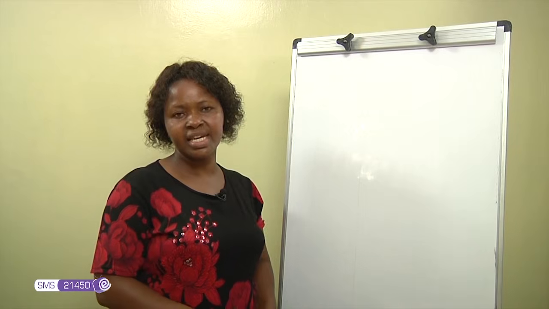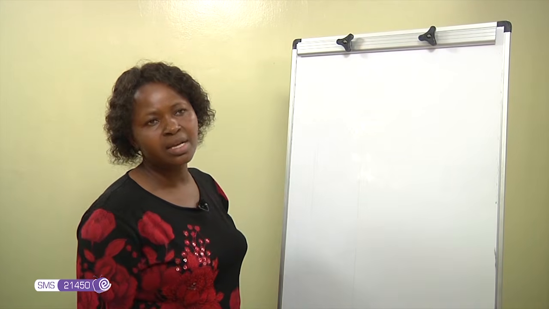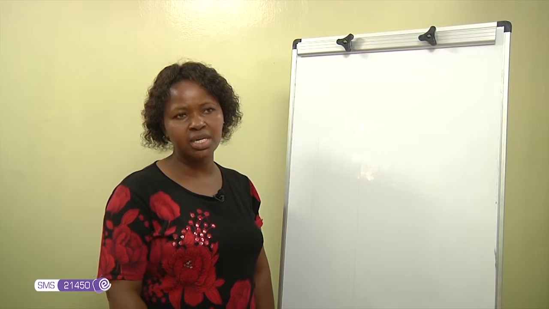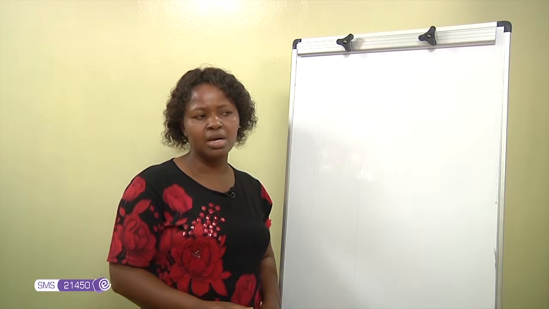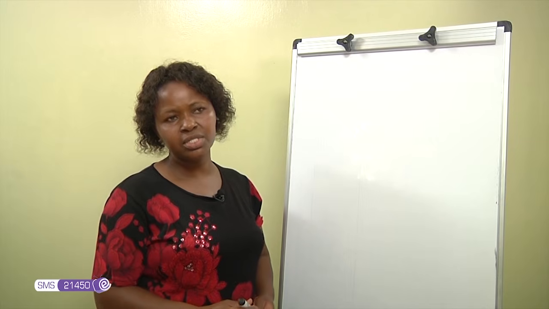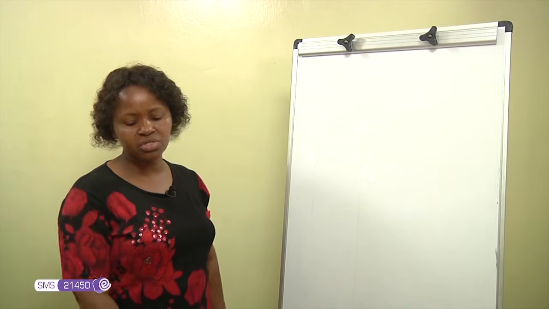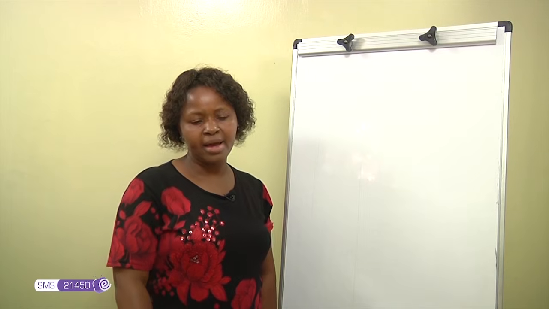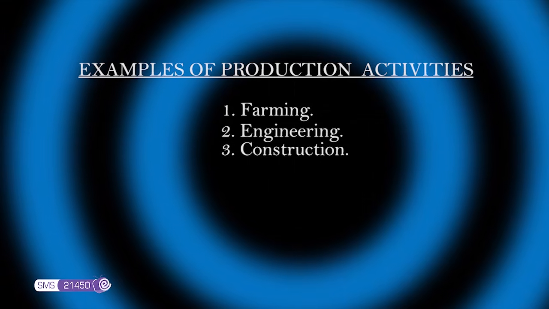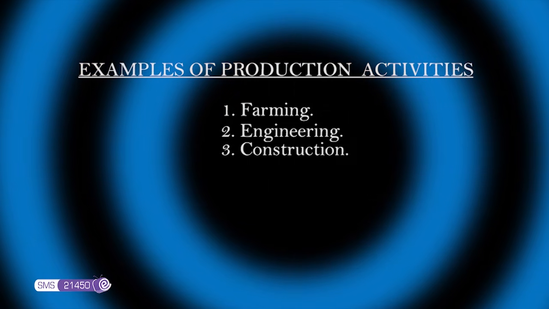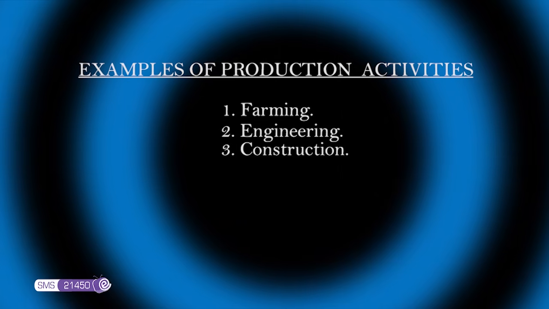In our lesson last time, we talked about Introduction to Business Studies, where we introduced the subject and said that business studies is a field of study that revolves around three areas: production, distribution, and consumption. We introduced production as the creation of utilities and gave examples of production activities such as farming, engineering, construction of houses, and many other activities.